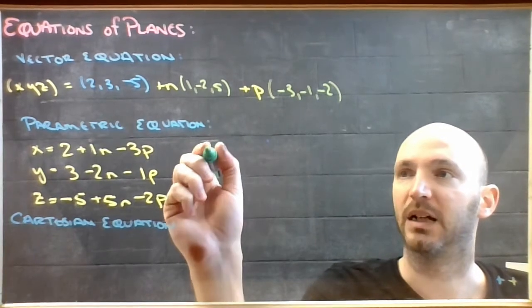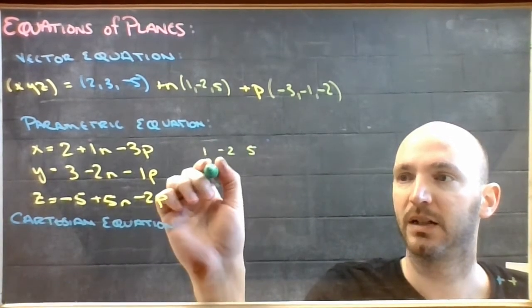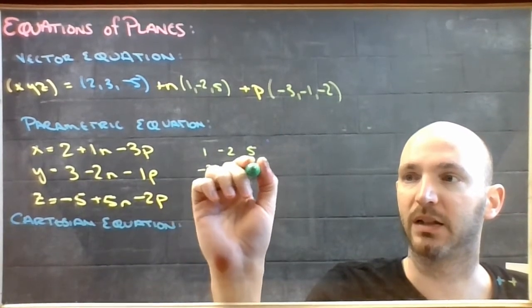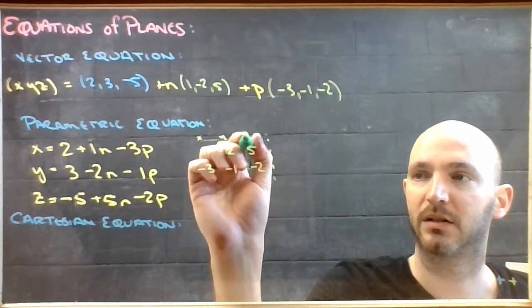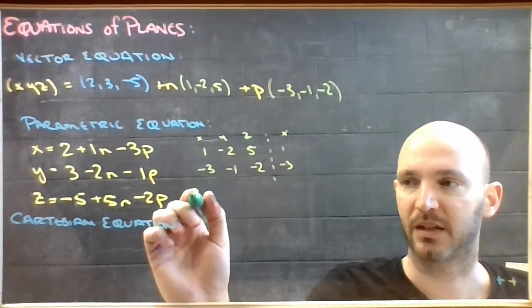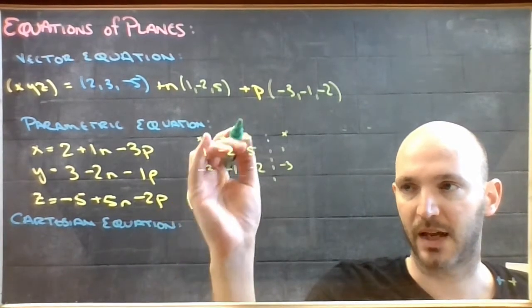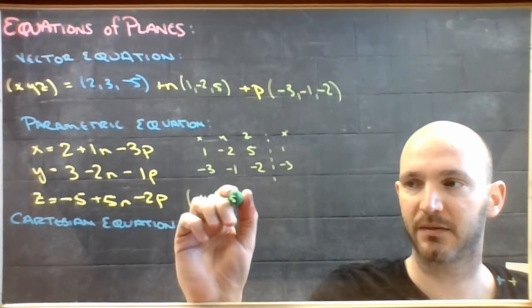So let's go 1, negative 2, 5, negative 3, negative 1, negative 2. Copy the x column. So my x coordinates will be 4 minus negative 5.